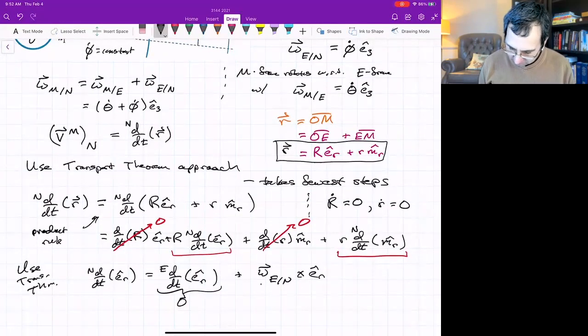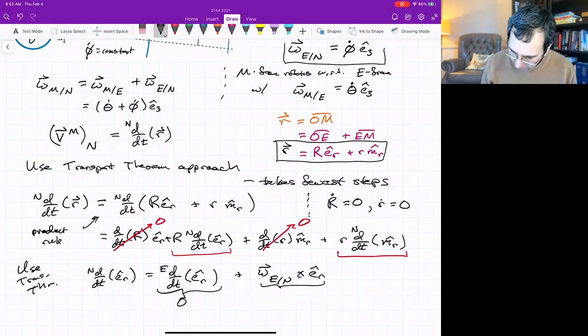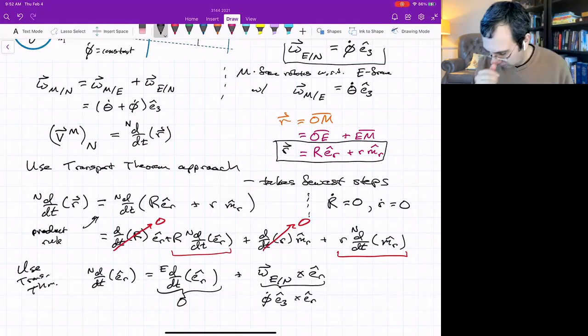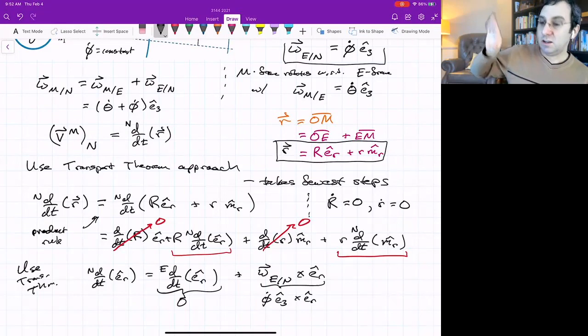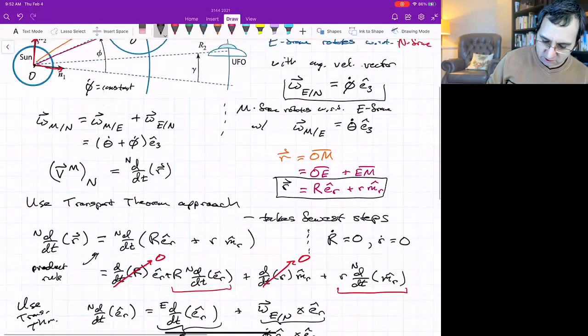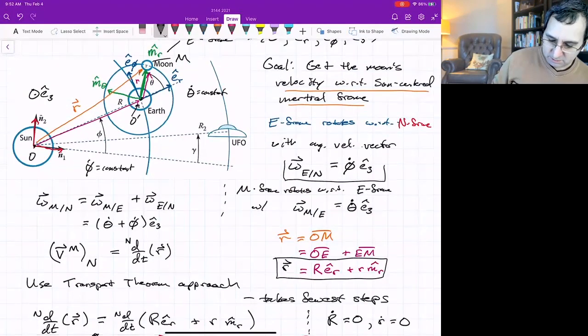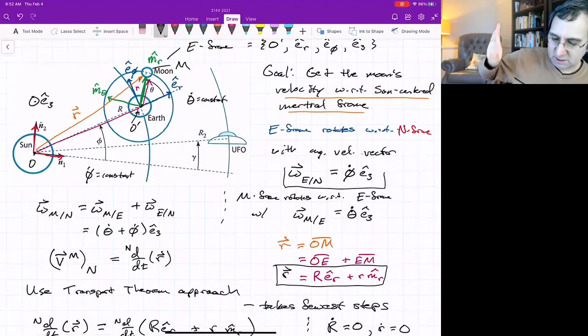But then we're left with this part. Given what we have up here in the upper right-hand corner, we've got phi dot E3 cross ER. Now I'm using the right-hand rule to evaluate that cross product. E3 is up, cross ER, my thumb is pointing in E phi.